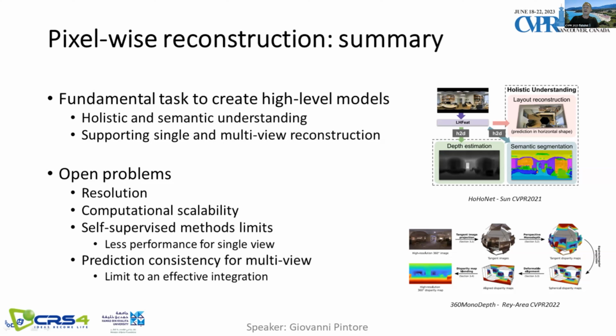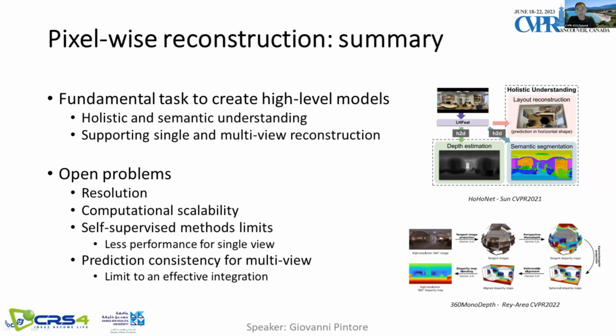For example, current pipelines are limited in resolution and computational scalability, where one of the main problems is the memory needed by the network to work. Sometimes, as we have seen for the double branch architecture, we have a moderately low number of parameters, but a huge use of video memory.